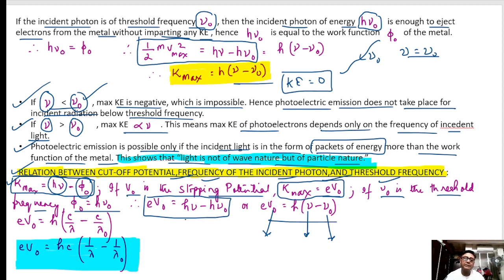Since frequency is equal to c by lambda, we can put it like this, and this is our relation when the electrons are ejected. Here lambda is the incident light's wavelength, and lambda 0 is the threshold wavelength, corresponding to the minimum frequency which can cause emission.